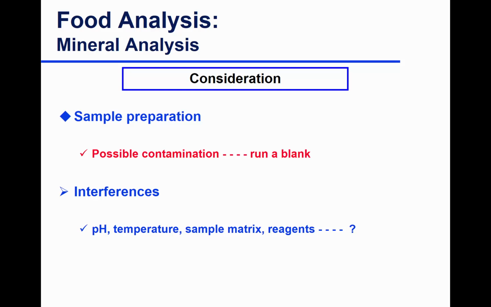Interferences, so we have to control pH. I'll give you an example of pH. For example, when we are determining calcium using EDTA, we really need a certain pH for the reaction to work. Temperature is also controlled. Sample matrix, where you have interferences from other components in the sample.